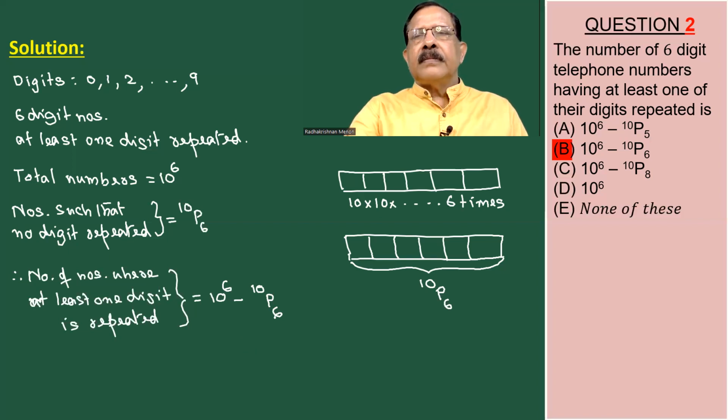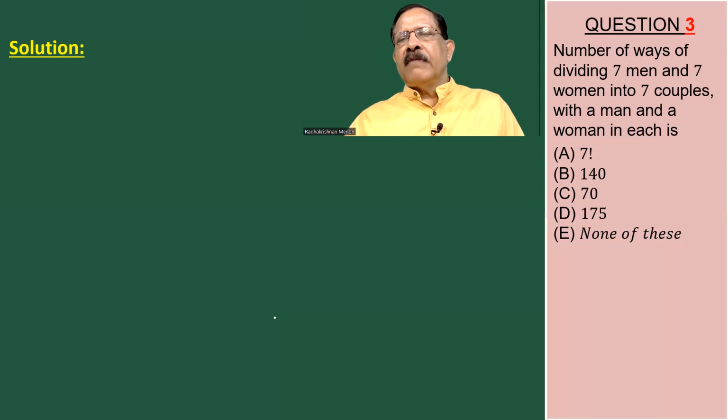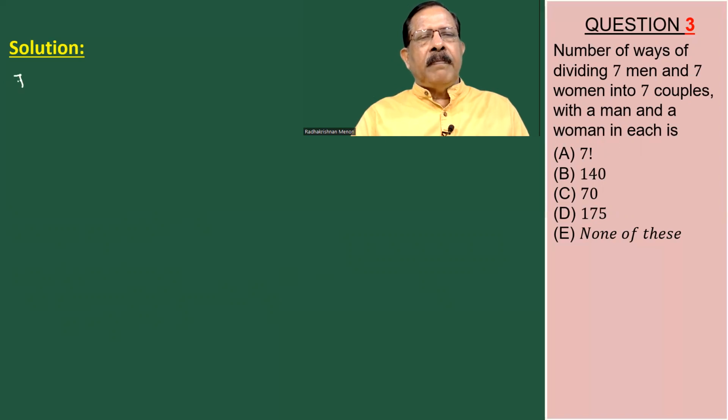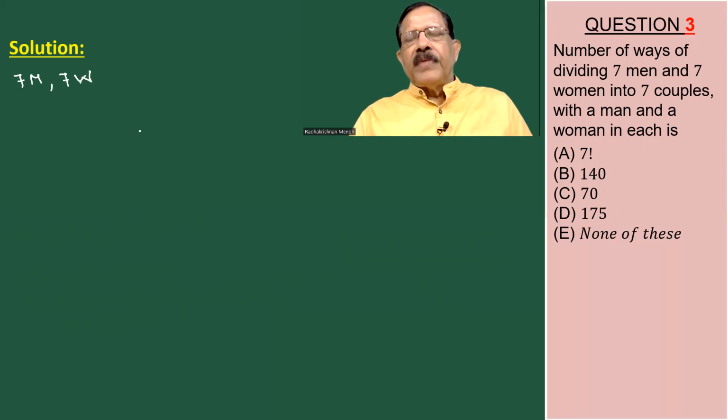Next question. Number of ways of dividing 7 men and 7 women into 7 couples with a man and a woman in each couple.